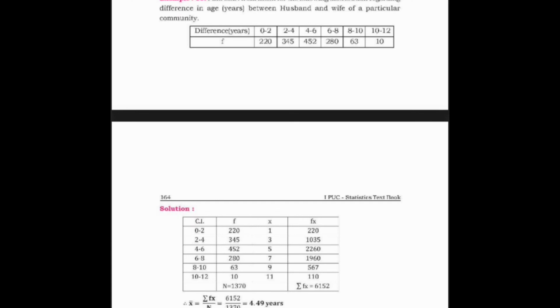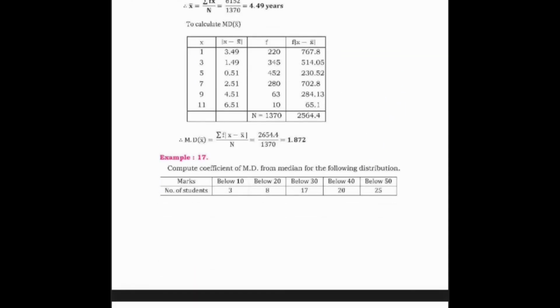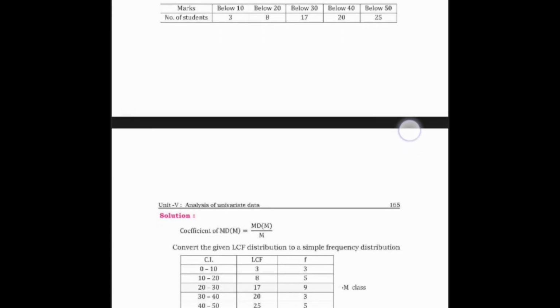Here, example 17 is given: compute the coefficient of mean deviation from median for the following distribution. But here, the class interval is not given, but below 10, below 20, below 30, below 40, below 50 is given. Usually in the exam, they give the class interval directly.